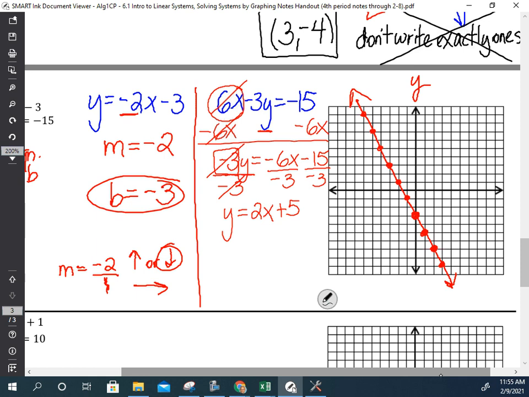So you got y equals 2x plus 5. What's the slope? 2. What's the y-intercept? There we go. So y-intercept goes on the graph first. Go to the y-axis, put your dot on 1, 2, 3, 4, 5.